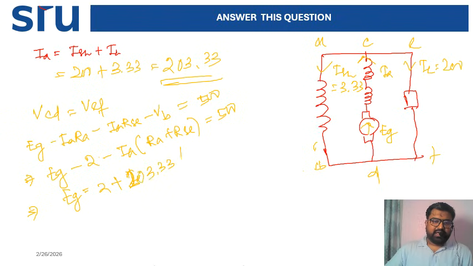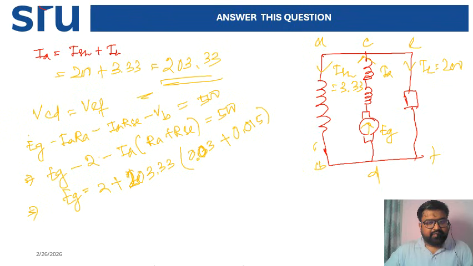RA value is given as 0.03 plus series value 0.015.